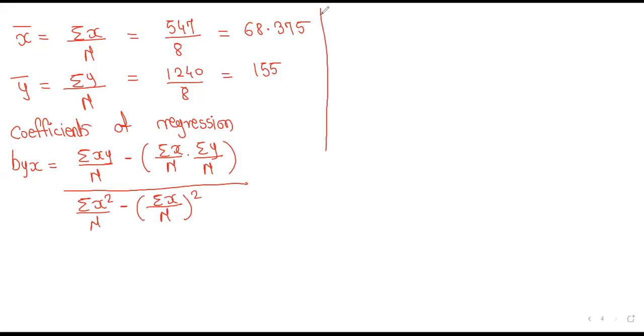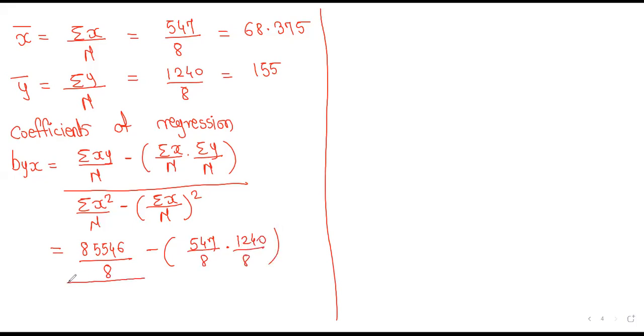Now we put the values, so we get 85546 divided by 8 minus 547 divided by 8 into 1240 divided by 8 and whole terms divided by 37527 divided by 8 minus 547 divided by 8 bracket square.